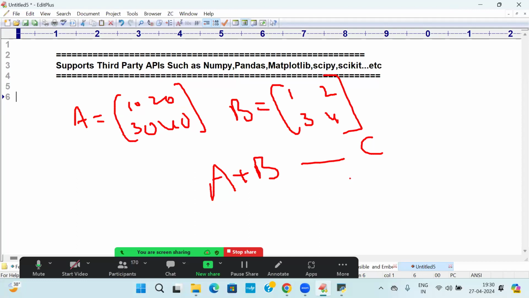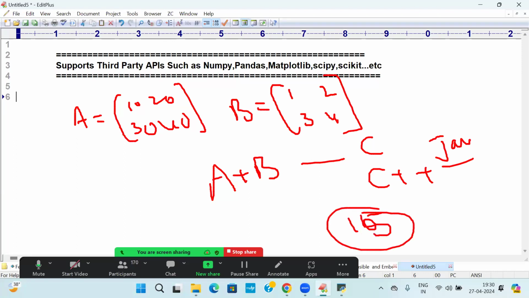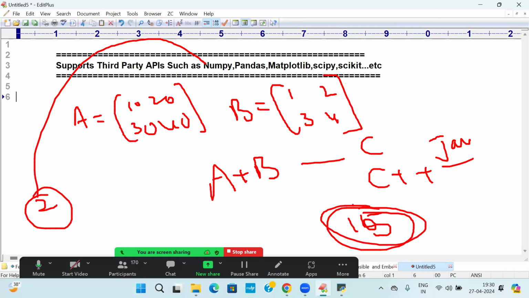C++, 35 lines. Java, 35 lines. Python, only 15 lines. With NumPy, just 2 lines. NumPy is not a module of Python. Python also needs more lines of code. I don't want to go for 15. Python is out. NumPy is for data analysis and mathematical operations.